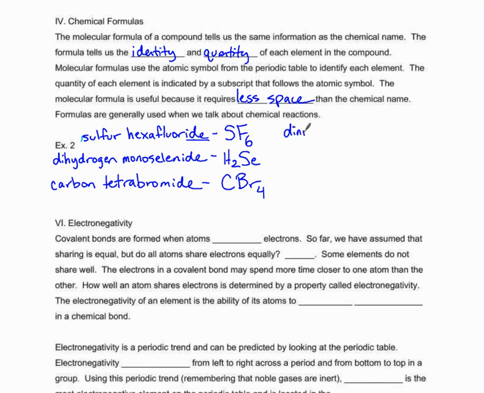A few others. Dinitrogen monoxide. Dinitrogen tells me 2 nitrogens, and monoxide means 1 oxygen.